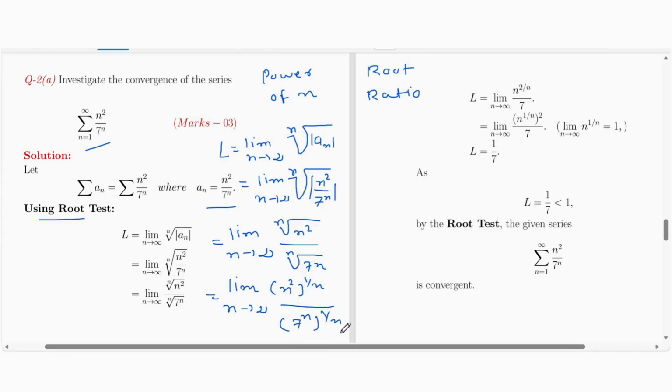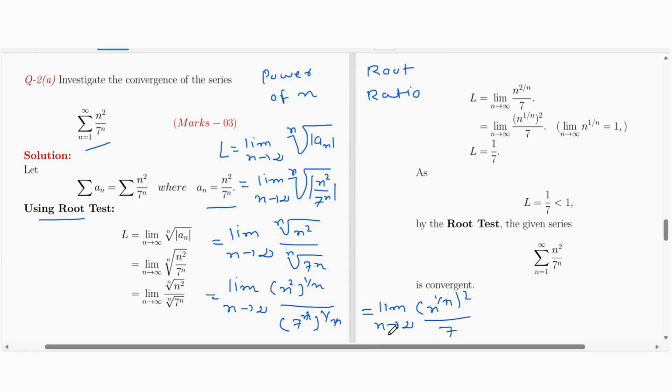Now here n cancels out. Now how to write this value? n raised to 1 by n, raised to square. Combine this one, n raised to 1 by n, and take the square outside, upon 7.